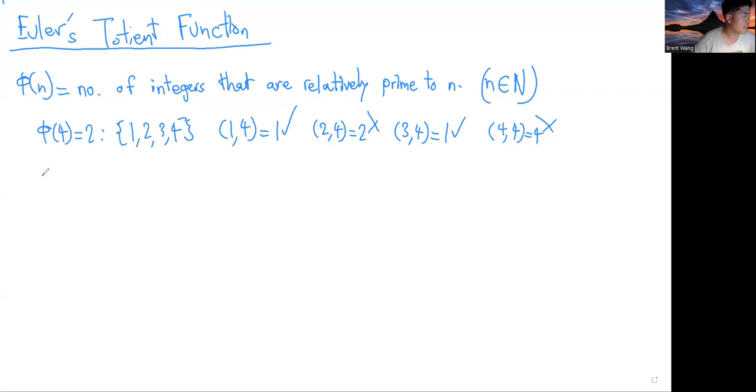Let's do phi of 9 this time. Phi of 9, well, it's the same concept. Let's just write this down, 1 to 9.